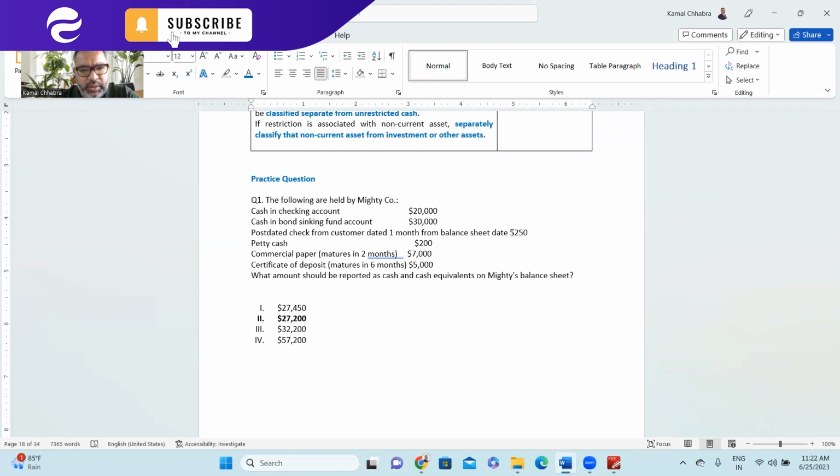What amount should be reported in cash and cash equivalent of Mighty balance sheet?